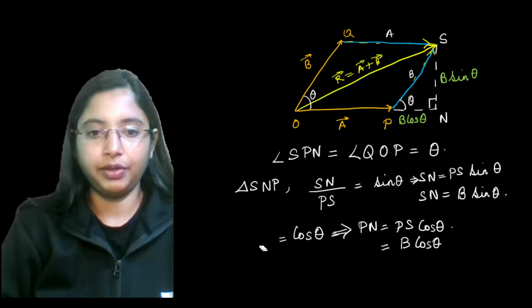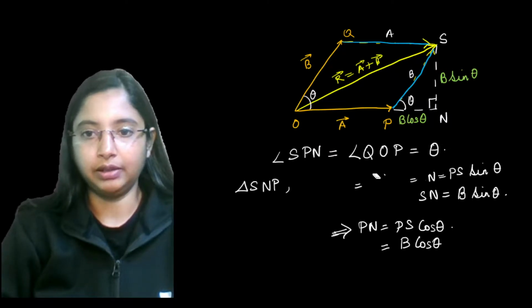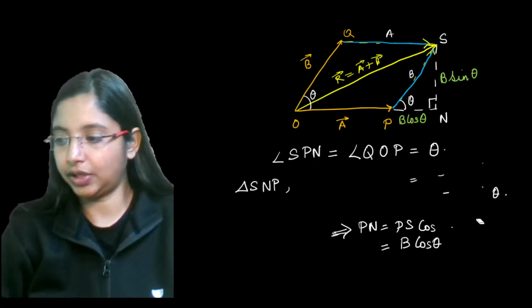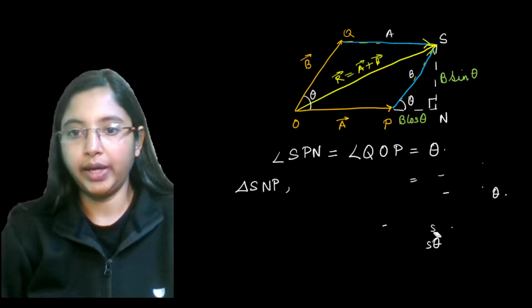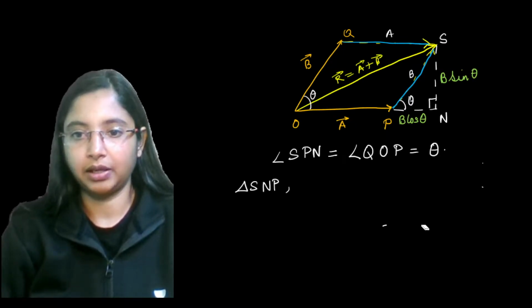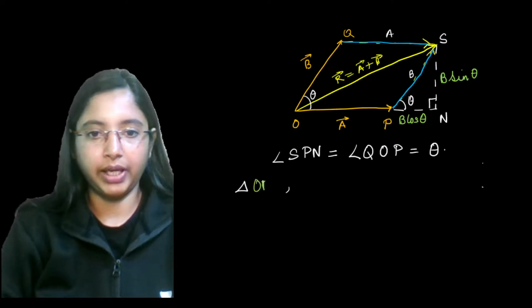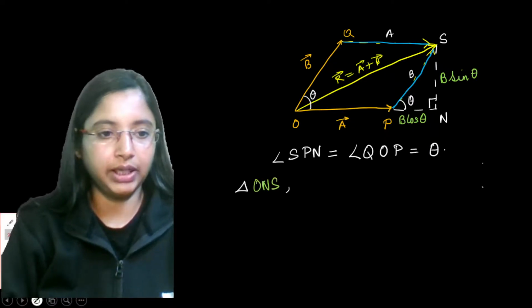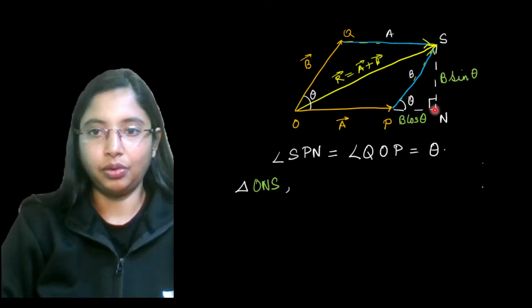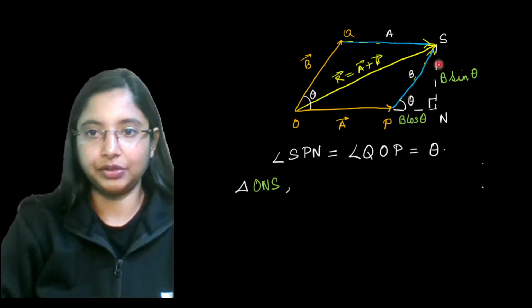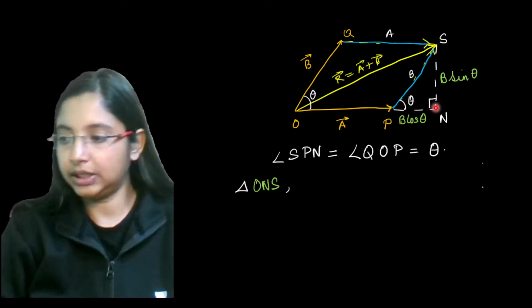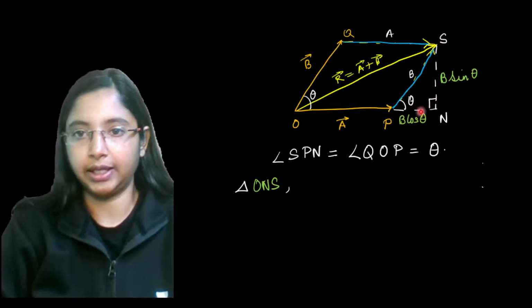Now we are going to look at the right angle triangle, but this time we are going to look at the triangle ONS. If you look at this particular triangle over here, it's a right angle triangle again. First we compared this one, now if you look at this one, this is a right angle triangle again.